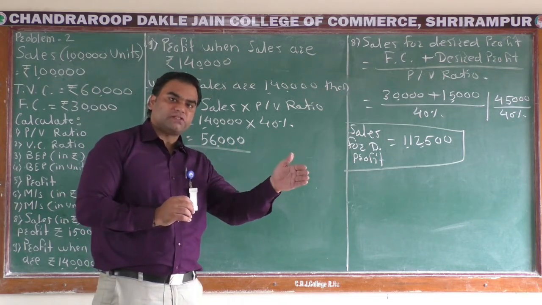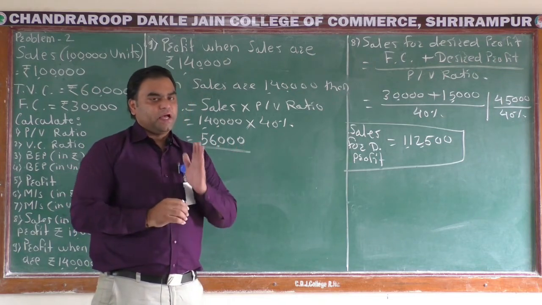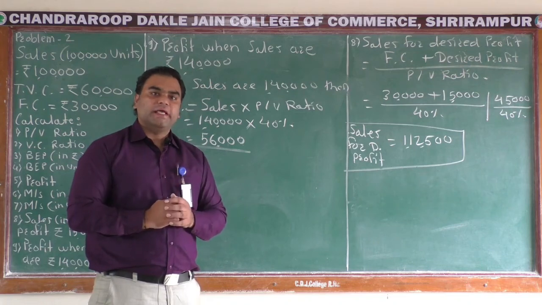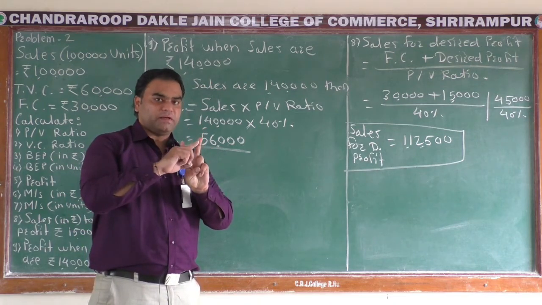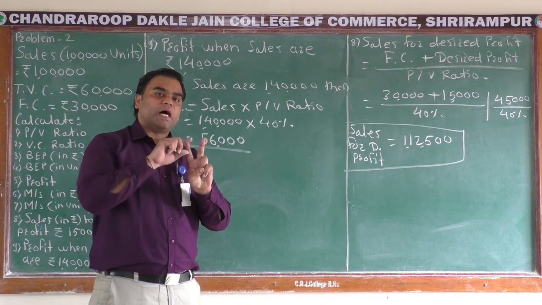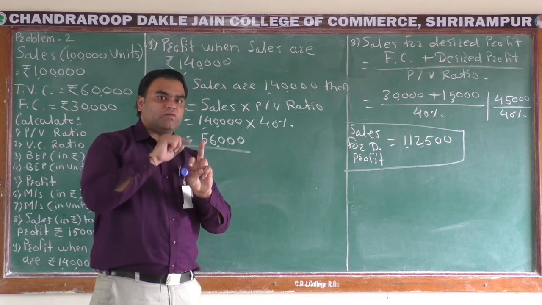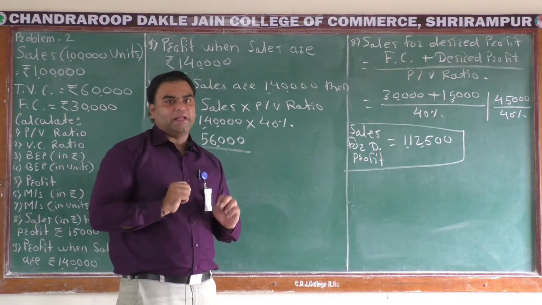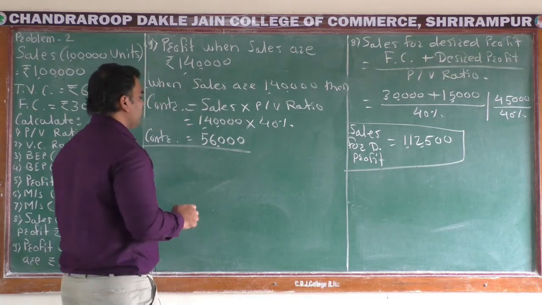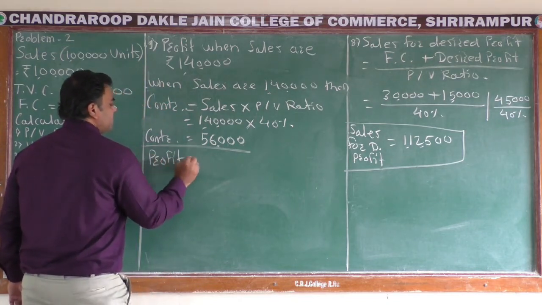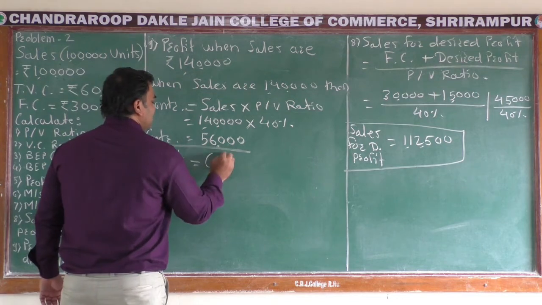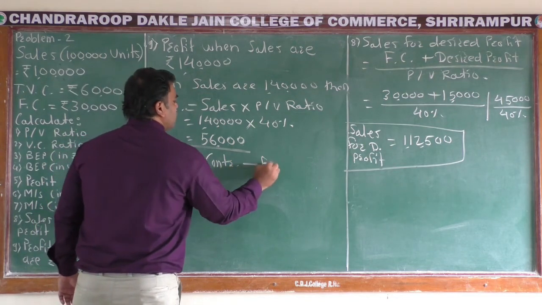Now we can easily find out the amount of profit by using which formula? Contribution less fixed cost is equal to profit. As we know, the contribution is the sum of two items, fixed cost and profit. That's why when we deduct the amount of fixed cost from contribution, what will remain? Profit will remain. The same logic we are going to use here. So profit is equal to contribution less fixed cost.